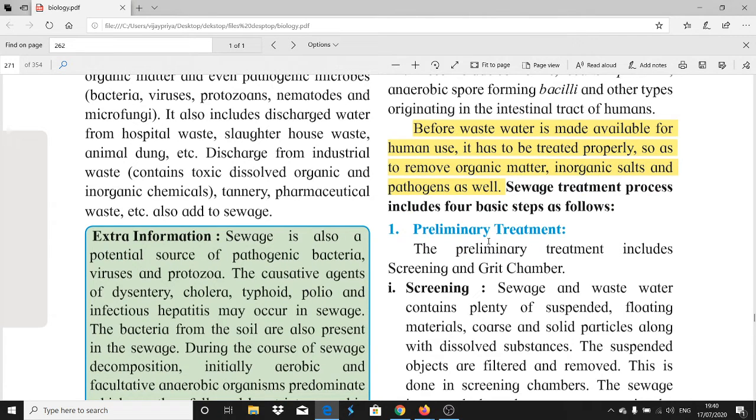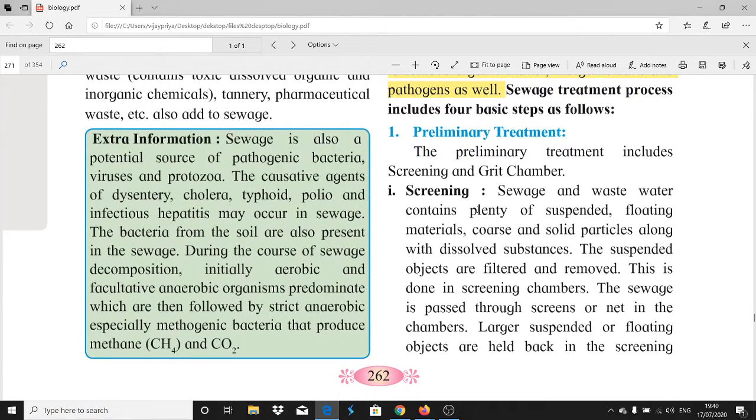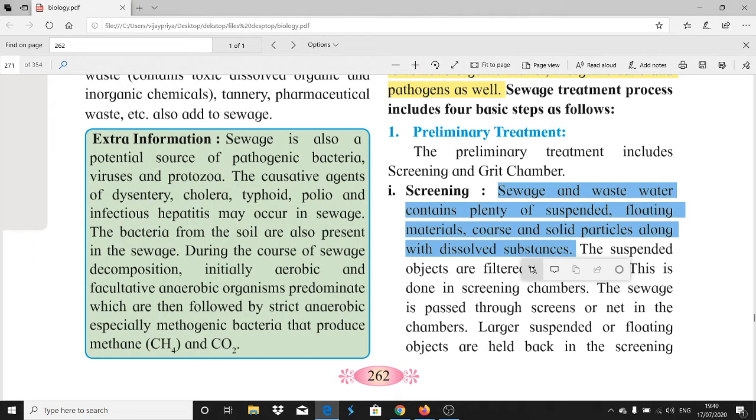Preliminary treatment. The preliminary treatment includes screening and grit chamber. Screening is the first step in the preliminary treatment. Sewage and wastewater contain plenty of suspended floating materials, coarse and solid particles along with dissolved substances.